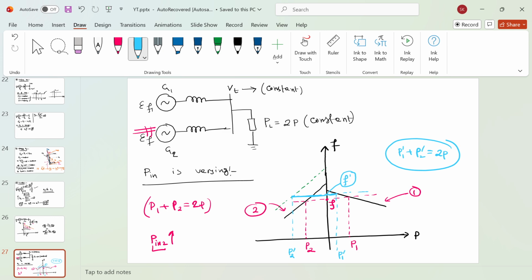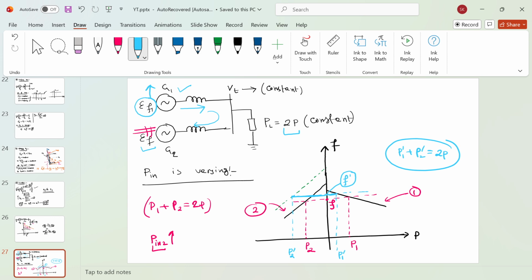Let's say this particular load is demanding 2P amount of active power only, it is not taking any reactive power, you just assume. So if you increase the field excitation of this particular generator, then this generator's operating power factor will go towards the more lagging side, meaning this G1 generator will deliver active and reactive power both, and you are not changing the reactive power here, so the extra amount of reactive power will go to the generator G2.